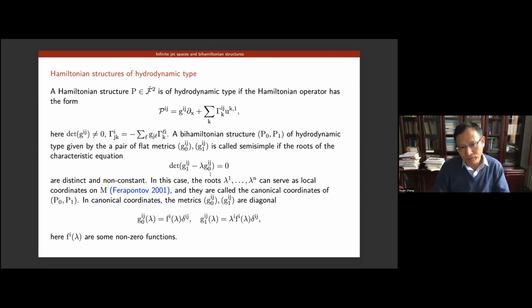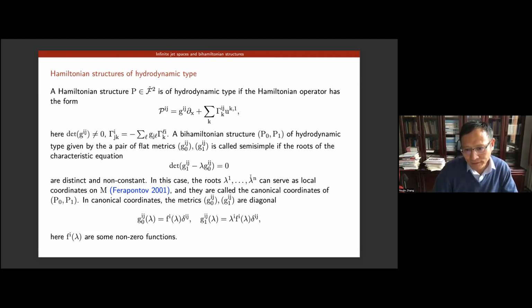And then by using a result of Ferapontov, we can take lambda 1 to lambda n, these distinct roots of this characteristic equation, as local coordinates of the base manifold M.